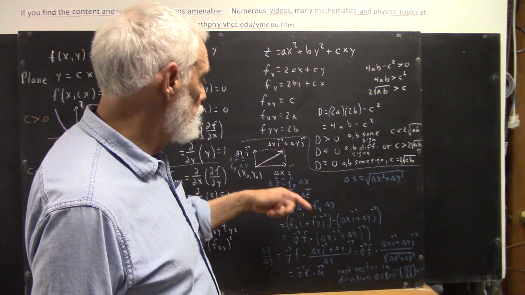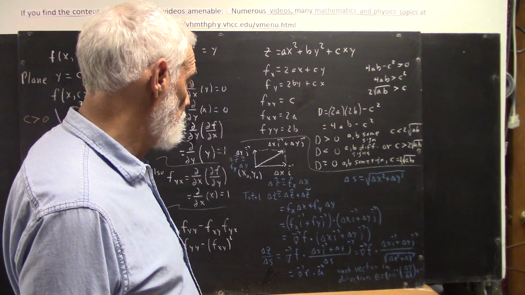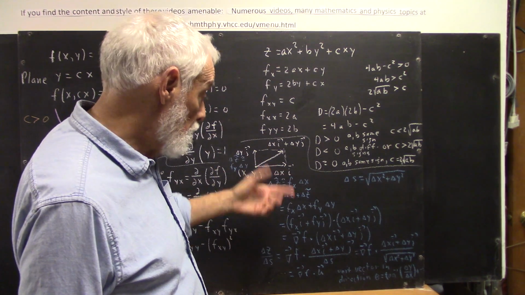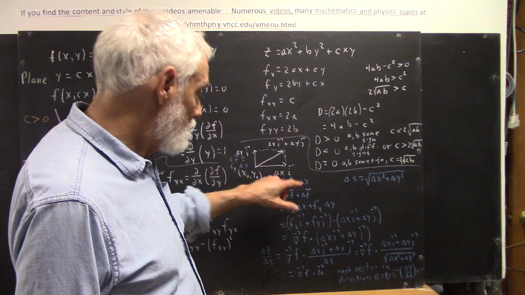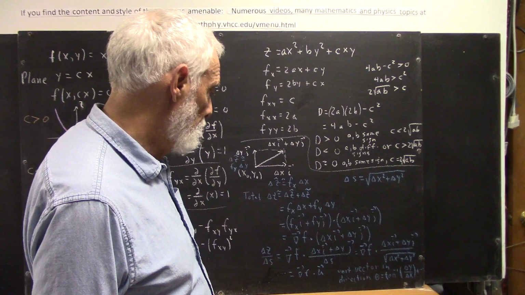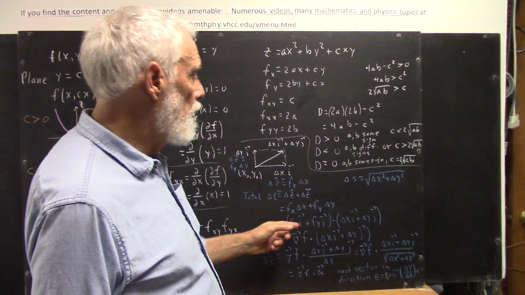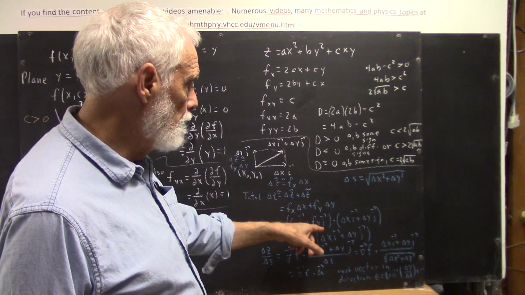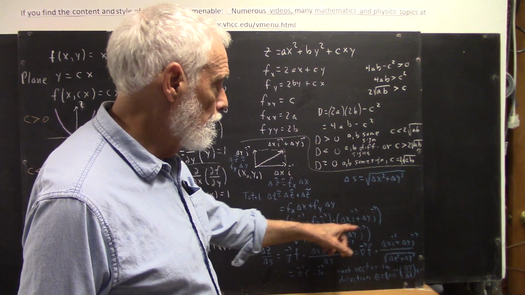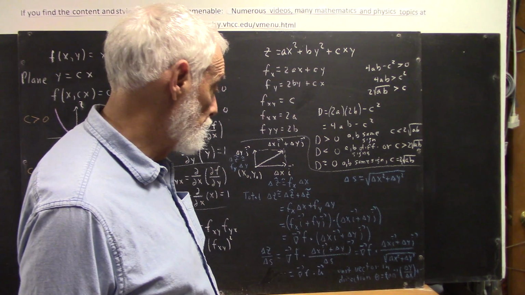Again, fx evaluated at x0, y0, fy evaluated at the same point. Because delta z hat is fx delta x, delta z tilde is fy delta y. And that we have observed to be equal to the dot product of fx i plus fy j with delta x i plus delta y j. Very clear that this dot product gives you this.